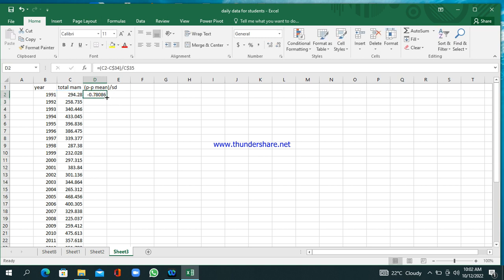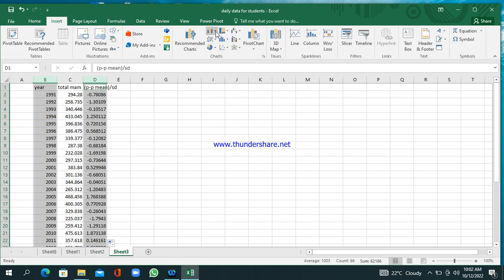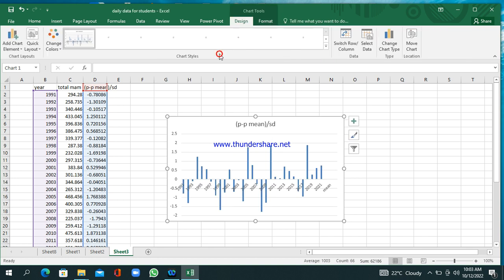Then double click. These are the standardized precipitation index. So to identify which one is the most dry and which one is the wettest, we plot a graph. Control. Now insert. These are the graph.